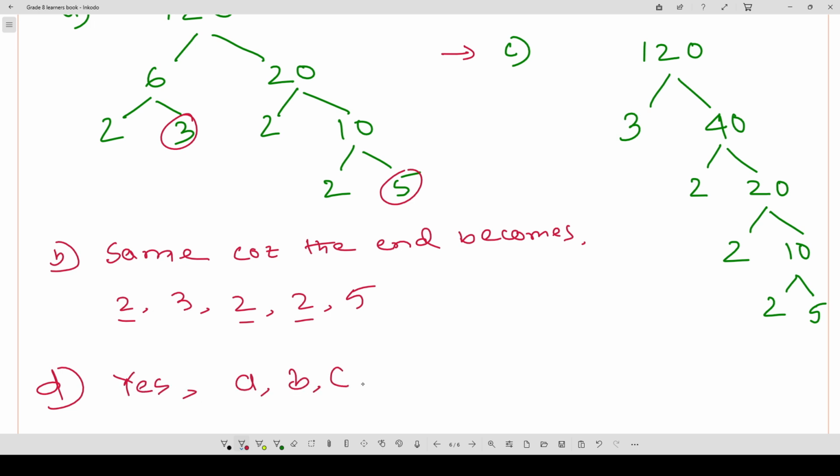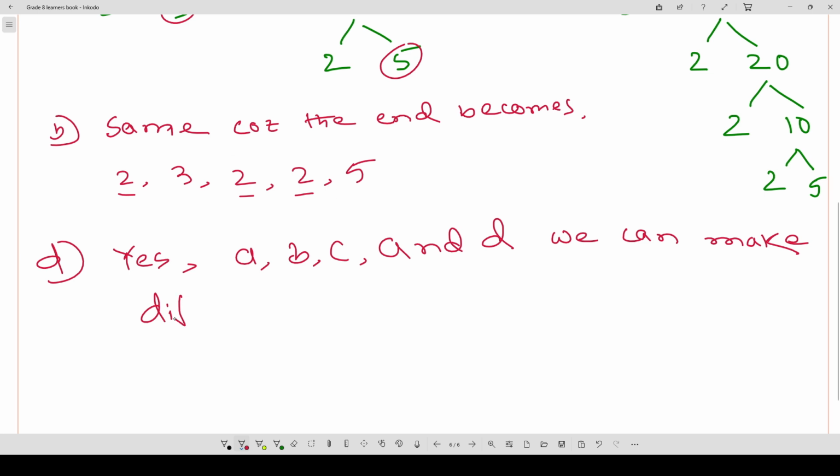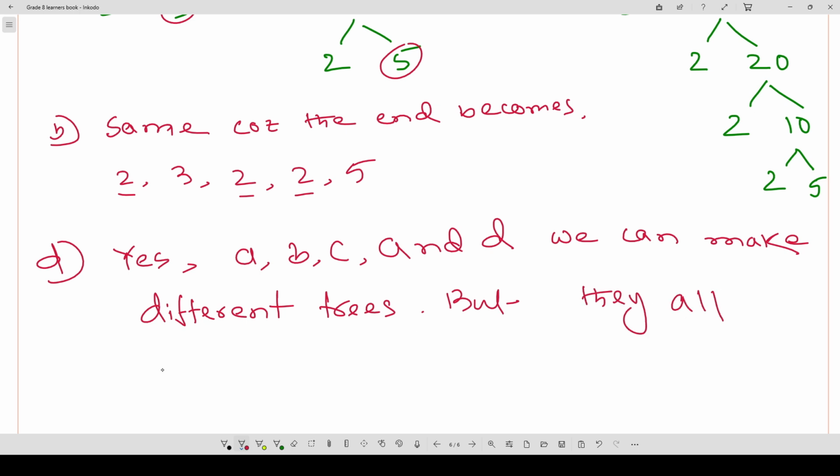A, B, C and D, we can make different trees. But they all end with 2, 2, 2, 3, 5.